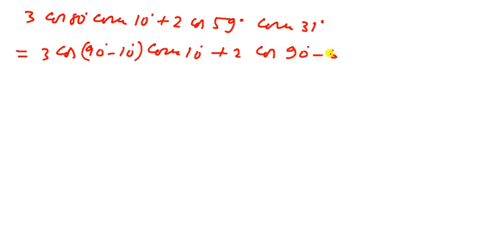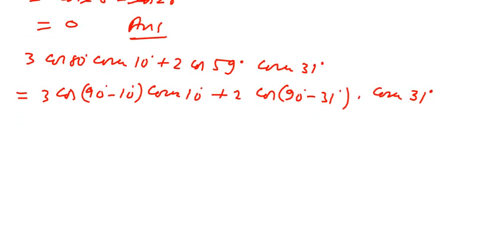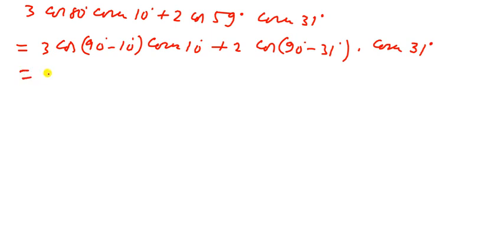So cos(90 degree minus 10 degree), here is cosec 10 degree, plus 2 cos 59 degree, which is also greater than 45, so we can change it into cos(90 minus 31 degree), because 90 minus 31 is 59, and here is cosec 31 degree.